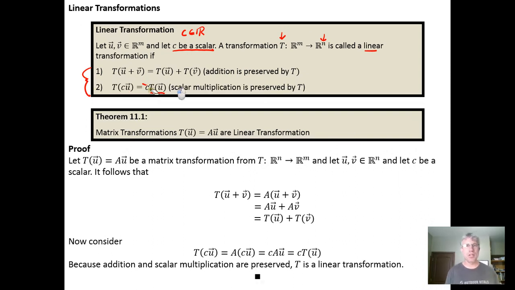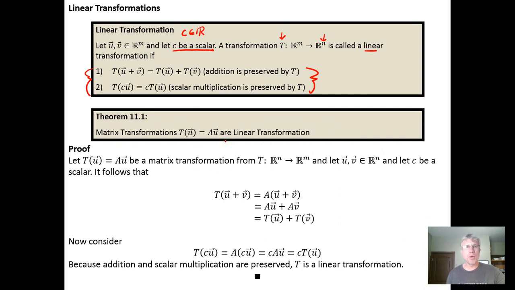So these are the criteria that have to be met. And in subsequent videos, when we prove that a transformation is linear, this is what we need to show. We need to show that these two criteria are met by the transformation. If a transformation doesn't meet these criteria, then it's not linear.